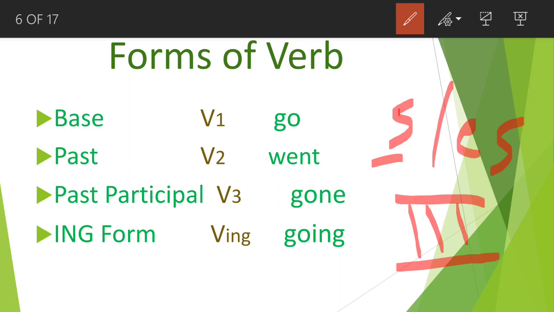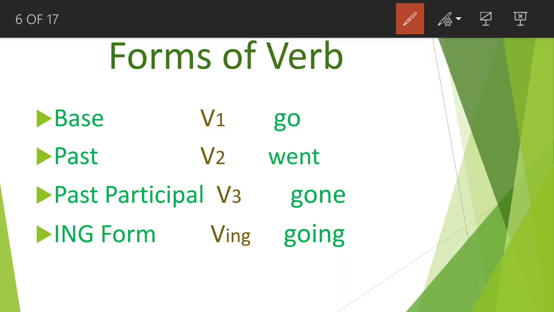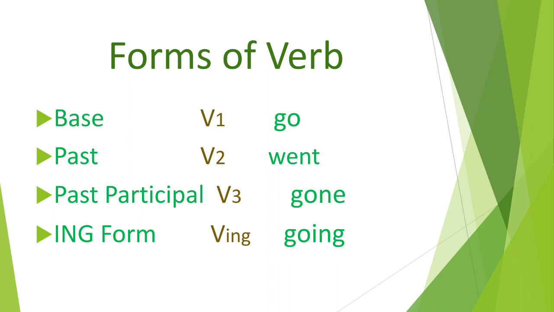Like she, we use S or ES. She goes. Like he plays. So we use three forms of the verb like this.